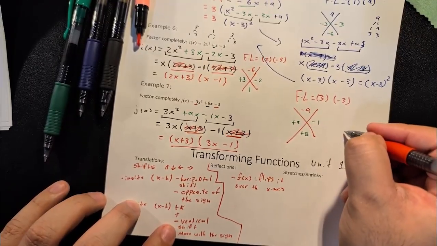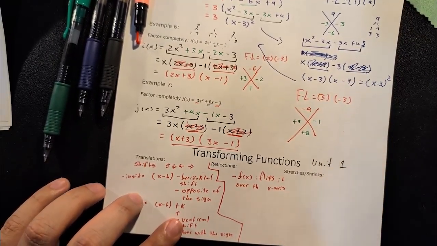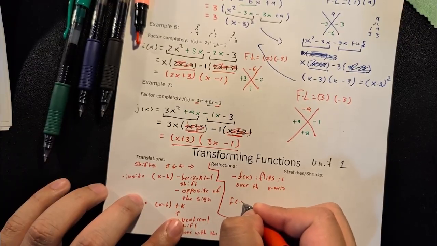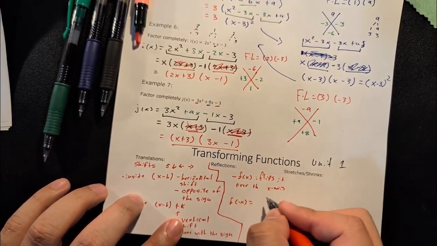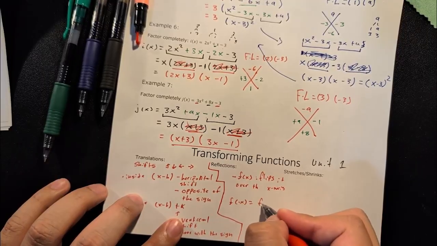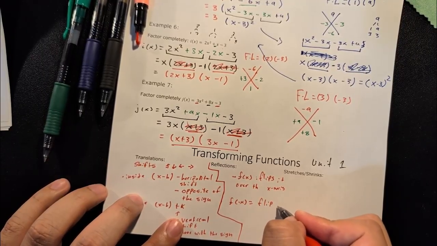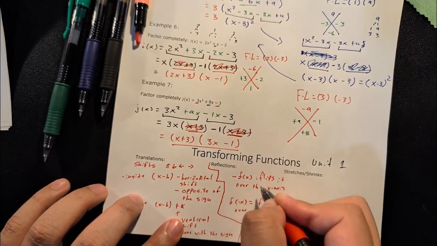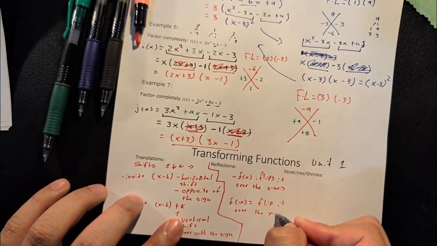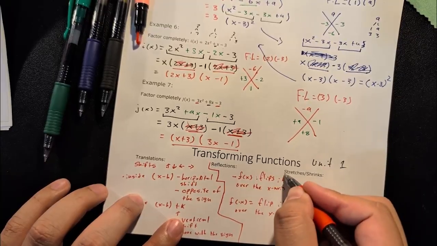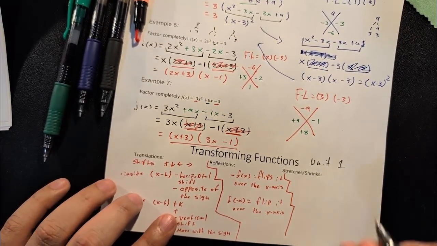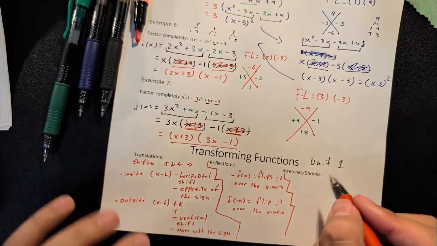So it flips it over the x-axis. If it's inside our function, it's a flip over the y-axis. Okay, and then stretch or shrink.